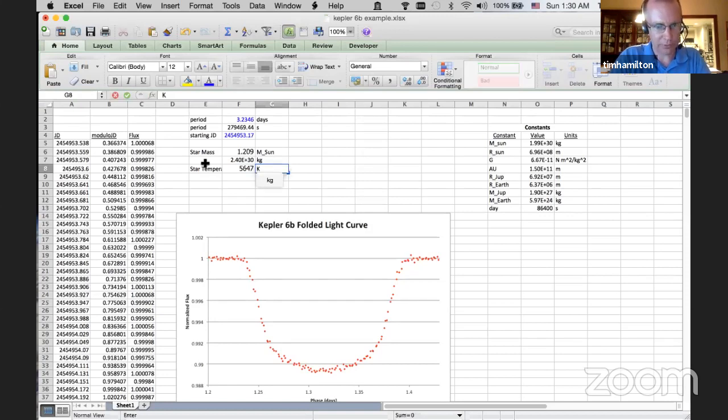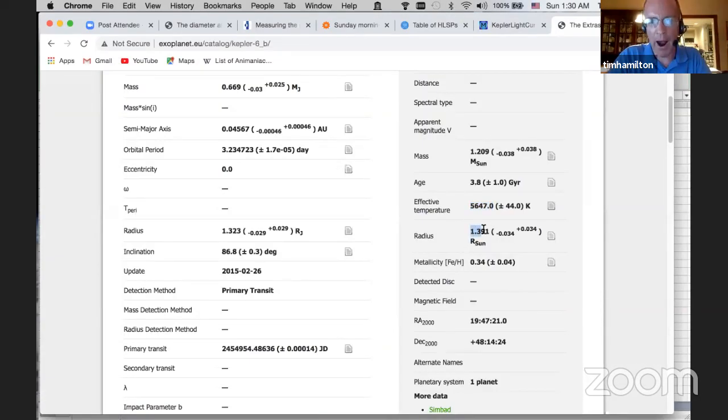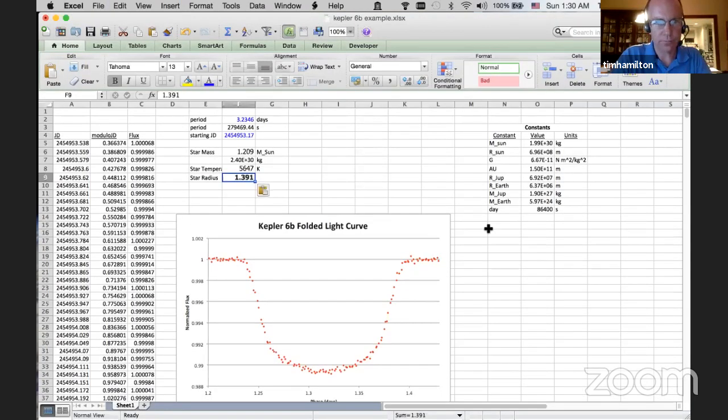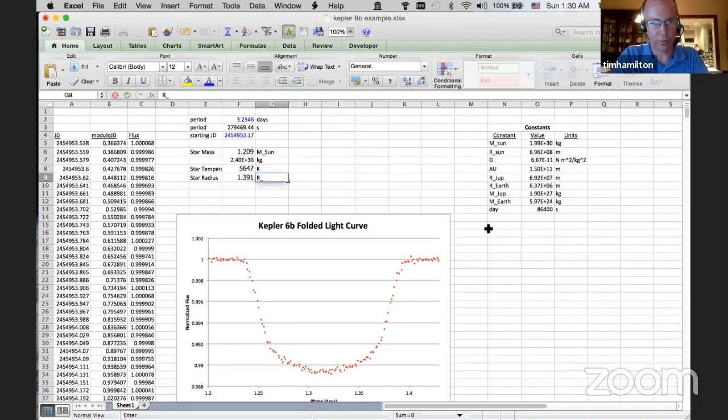And that's in degrees Kelvin. We don't need to change it. And the radius. And the radius is in solar radii. So how many times the radius of the sun? And that we do need to convert. We'll put that in meters. So I've simply multiplied by the radius of the sun in meters.